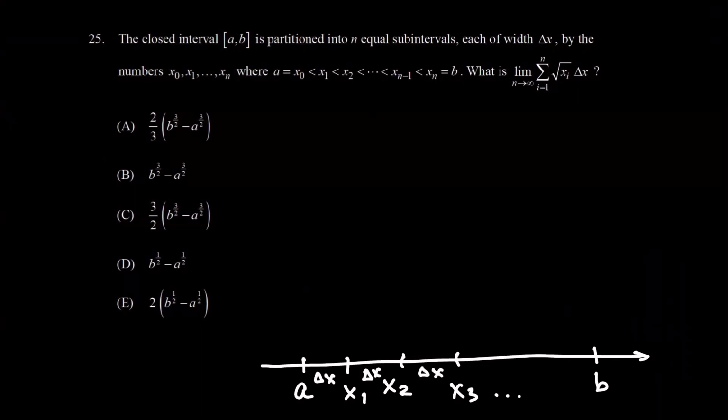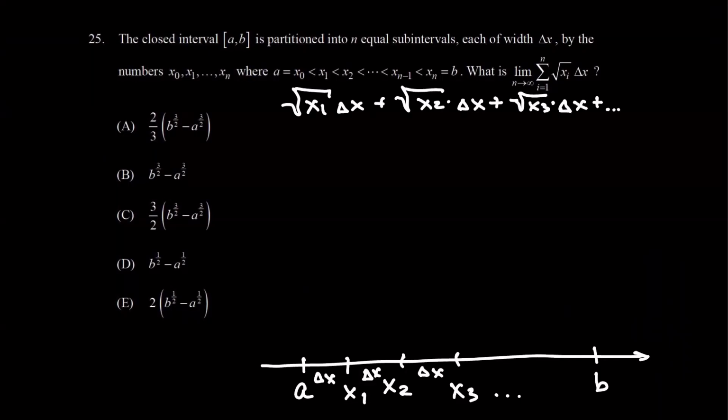This is the difference between x i plus 1 and x i. And then what is the first element of this summation here? It's the square root of x1 times delta x. And then the second term is the square root of x2 times delta x. And then the third term, the square root of x3 times delta x, plus and so on.